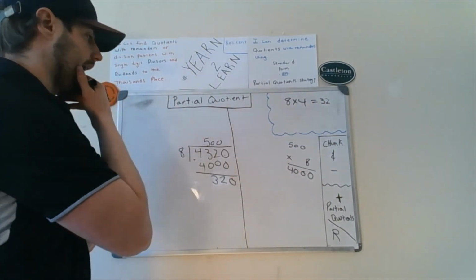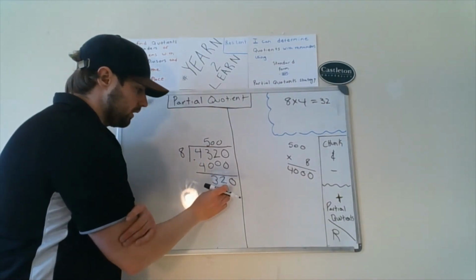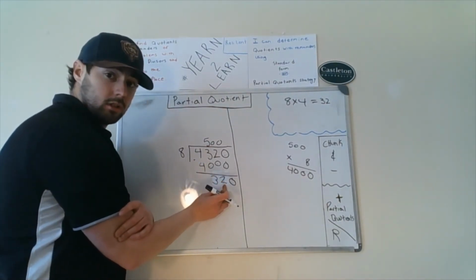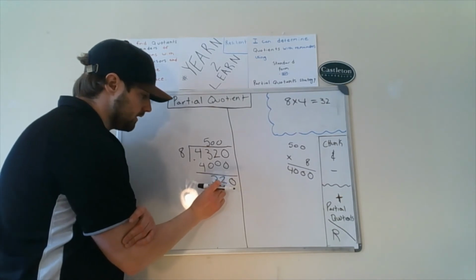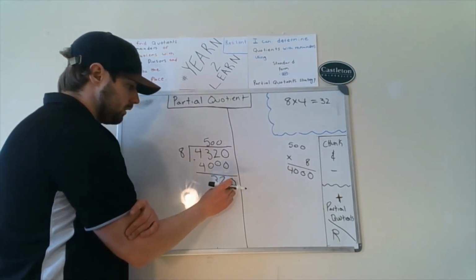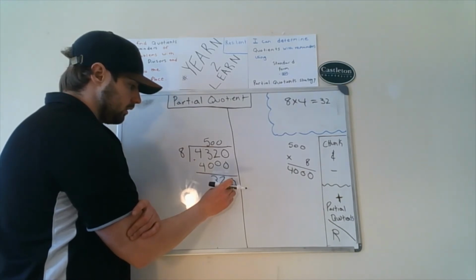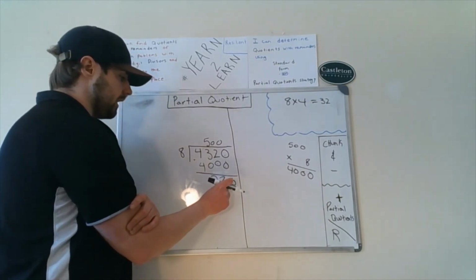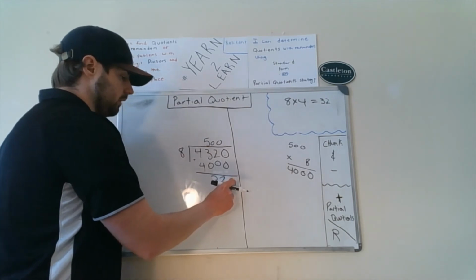But here's the thing, guys. My 32 is not in the tens and ones. My 32 is in the hundreds and the tens. So I have 32 in my hundreds and my tens.